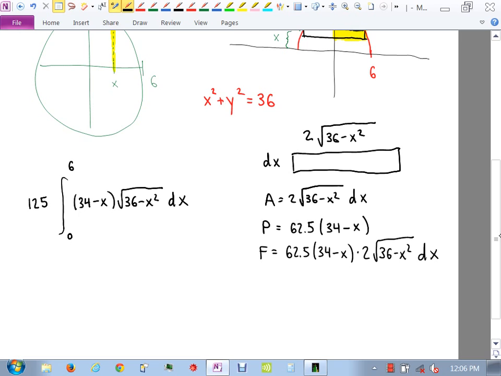Now I'm going to have the calculator do this for me. I'm getting 111,116 pounds.